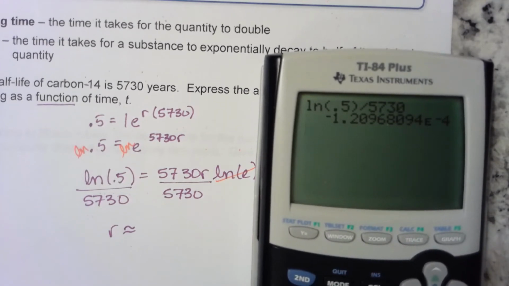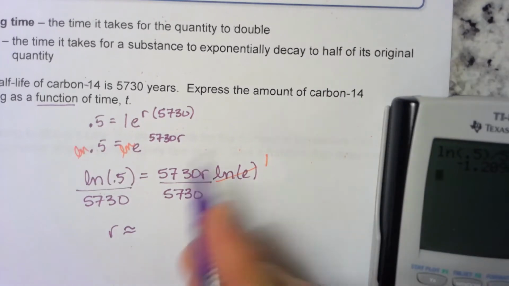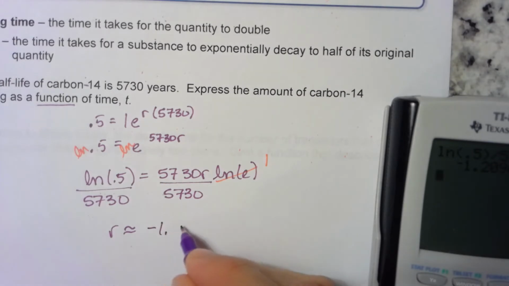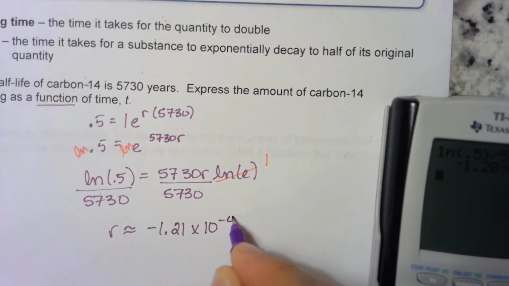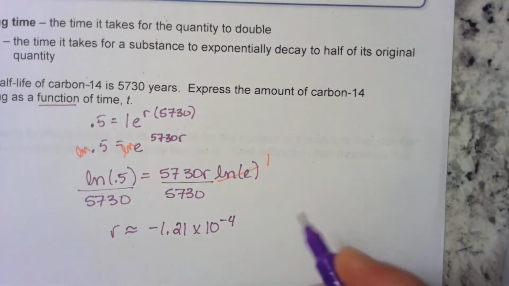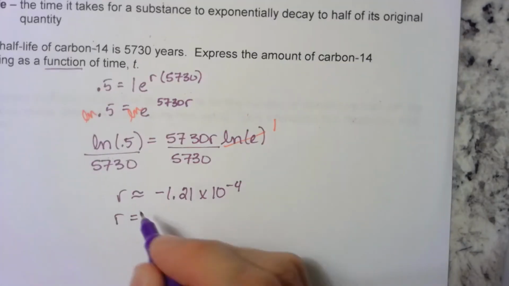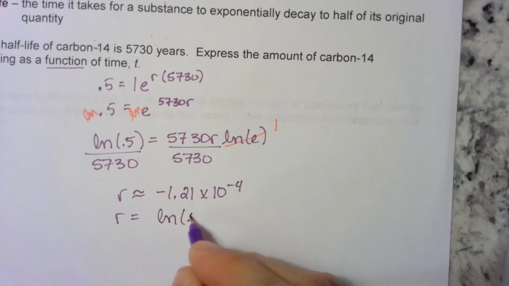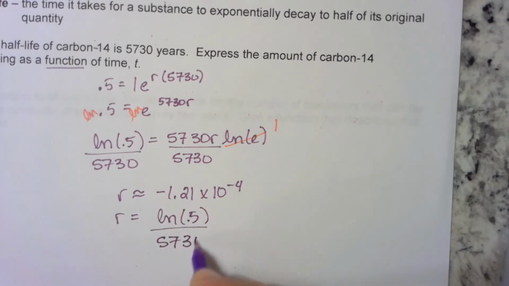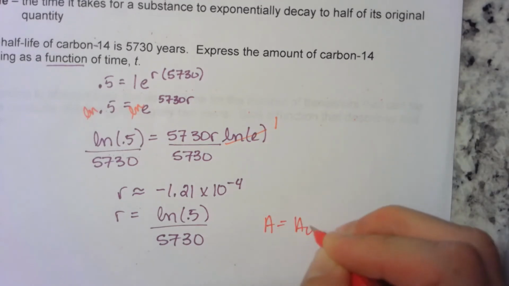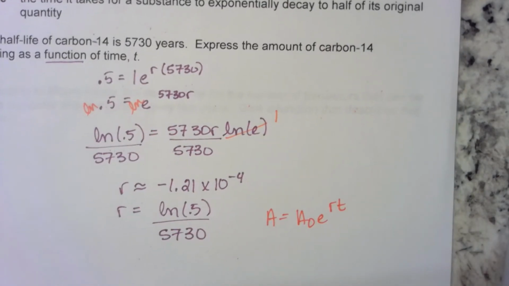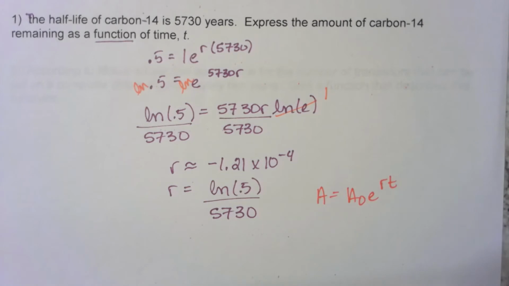So if we're trying to write a formula, we definitely don't want to round the number. I'm going to write it down anyway, just so you'll have it on your paper. Negative 1.21 times 10 to the negative 4. What we want to do though is keep it in this form: the natural log of 0.5 over 5,730. Because what we're trying to do is actually write that equation. Remember your formula, a equals a sub 0 e to the rt, or a of t if you want to think of it that way.